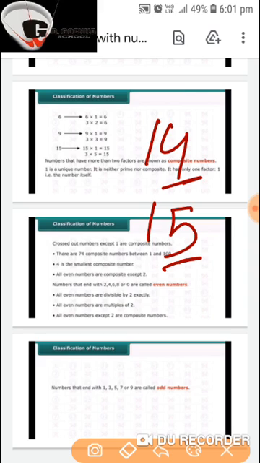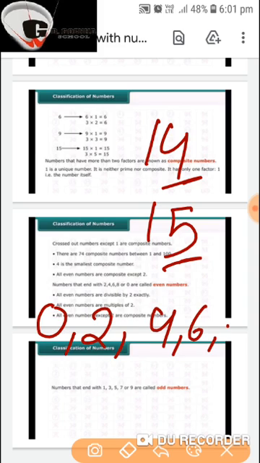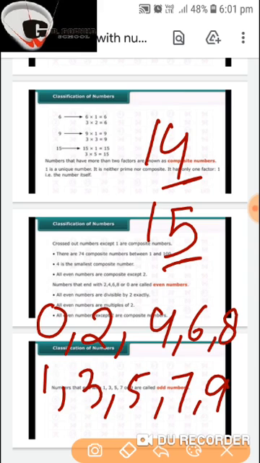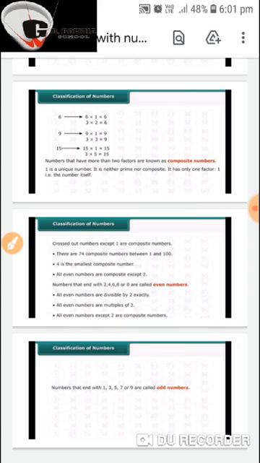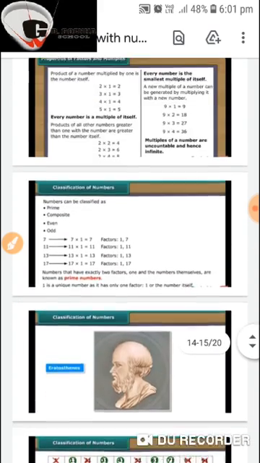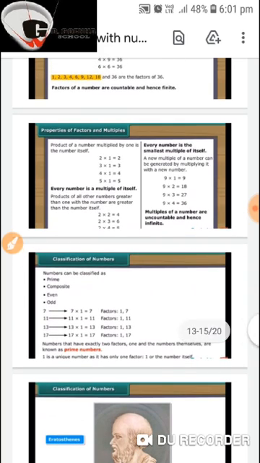We can also say that if the unit's place ends in digits like 0, 2, 4, 6 and 8, such numbers are even numbers. And if the numbers end with digits like 1, 3, 5, 7 and 9, such numbers are odd numbers.